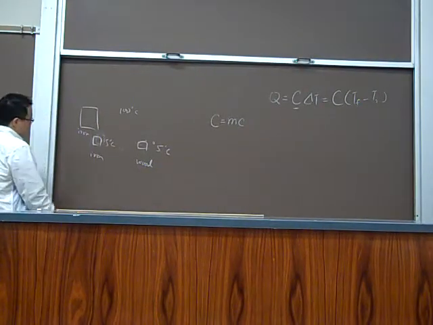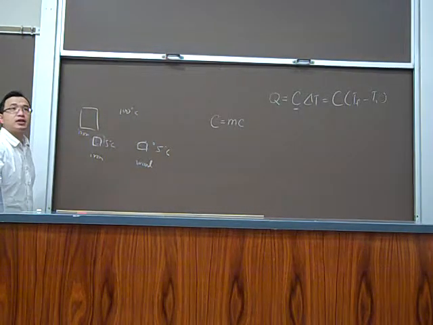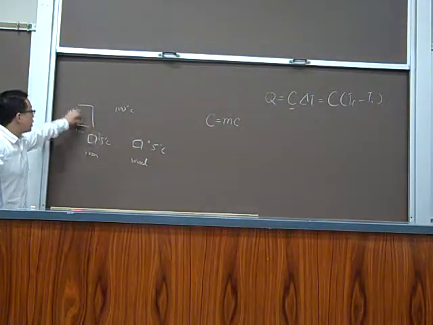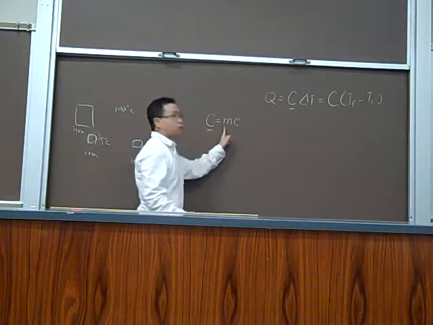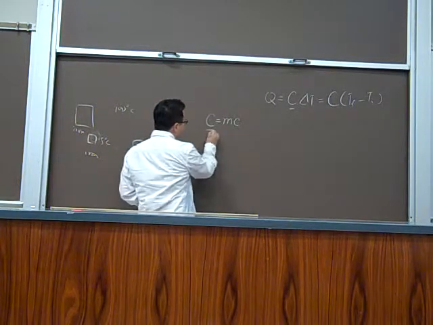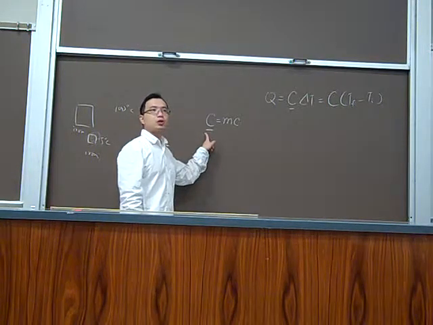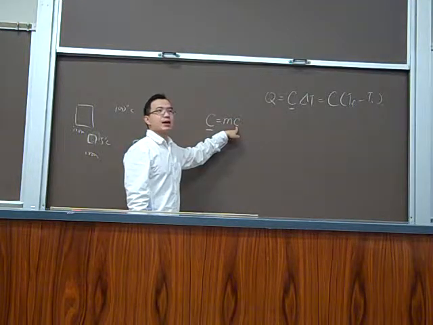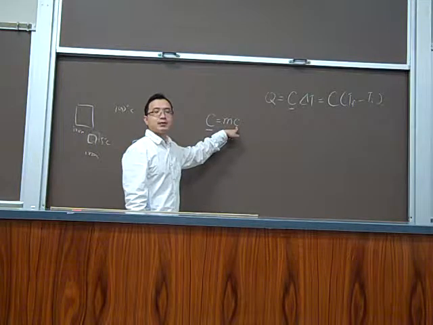If they are the same material, they will have the same specific heat. So all the iron will have the same specific heat, and different samples will have different heat capacity because it also depends on the mass of the sample. Capital C, the heat capacity, is a sample-dependent quantity, and small c, the specific heat capacity, is only a material-dependent property.